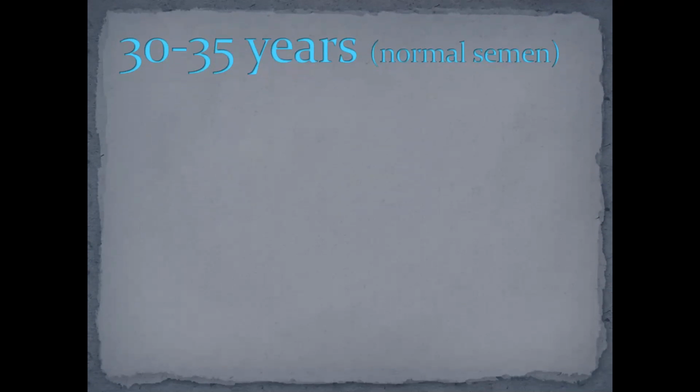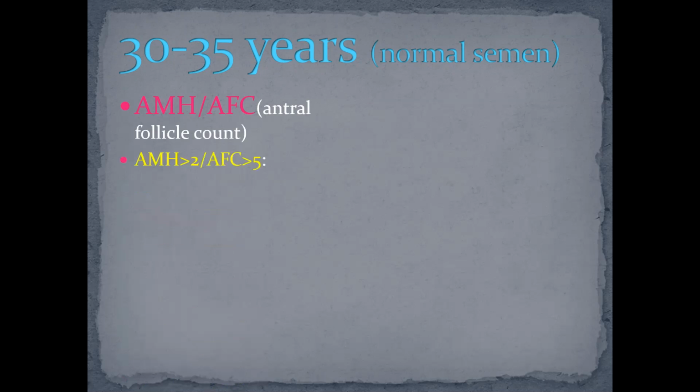If the woman is aged 30 to 35 years and the partner has normal semen, we check anti-Müllerian hormone and antral follicle count.